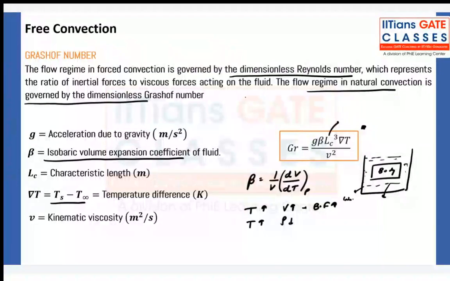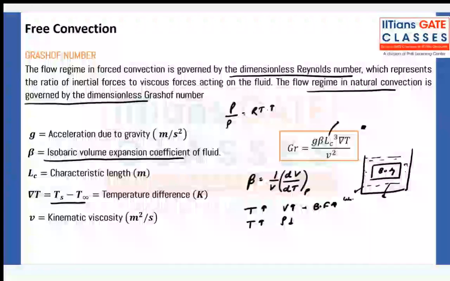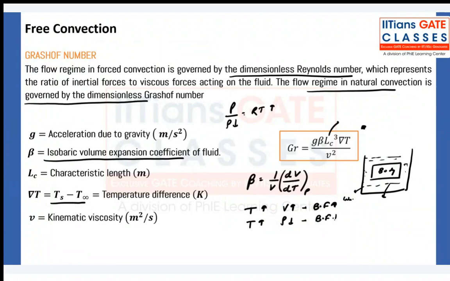For example, for air, P upon density is equal to RT, so if temperature increases, density decreases. So the fluid will be less dense, and the buoyancy forces this body will apply on the fluid will be less. So it can increase, it can decrease.